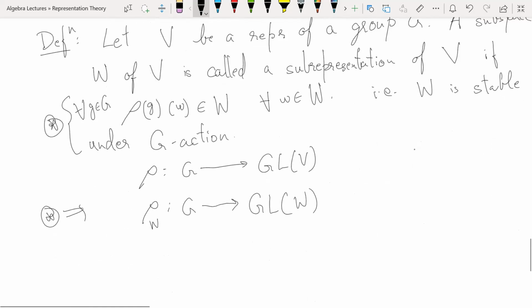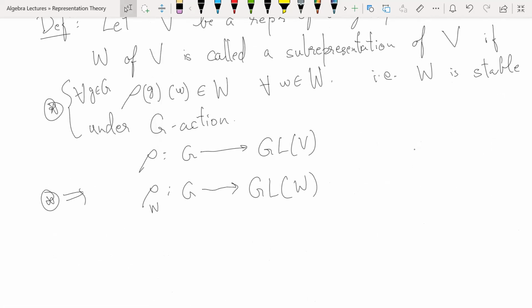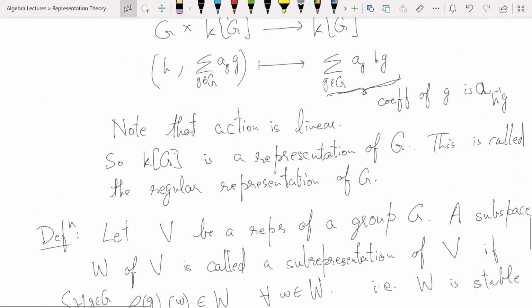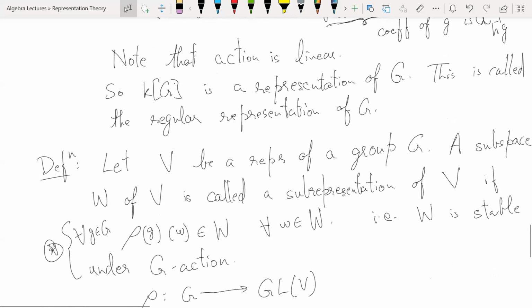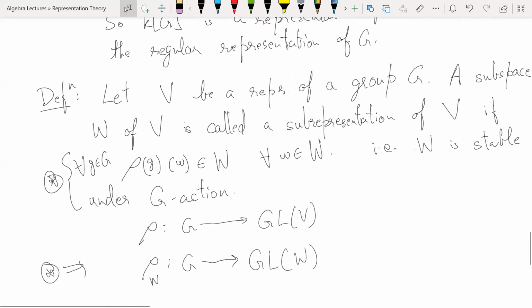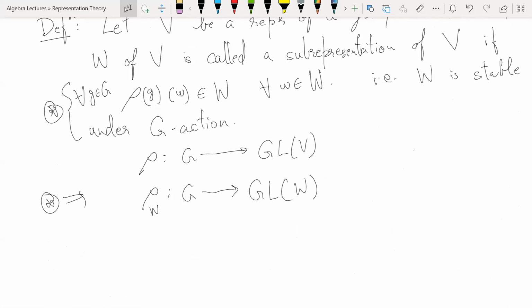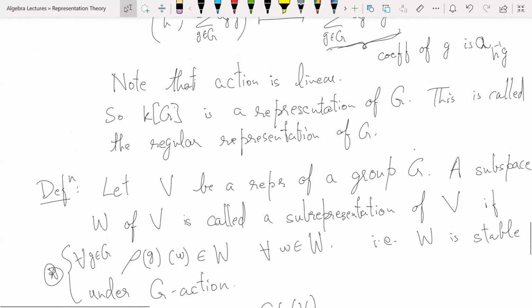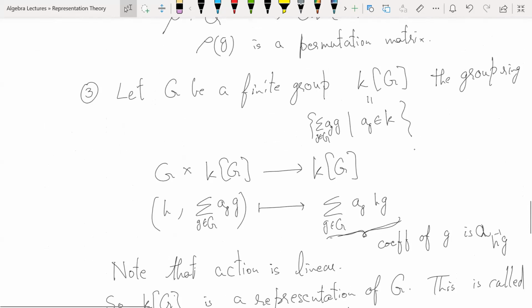So of course, what is a trivial subrepresentation of KG? On what subspace of KG does G act trivially? K. But K is not an element of KG. KG is this guy.